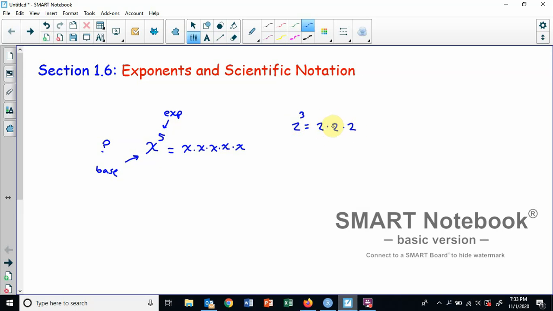And so then I know 2 times 2 is 4, right? And 4 times 2 is 8. Or you could just go 2 times 2 times 2 in your calculator and you'll see that's 8. But that's all an exponent is, it's counting how many of the bases I have multiplied out. Okay? So this is built off of just multiplication.